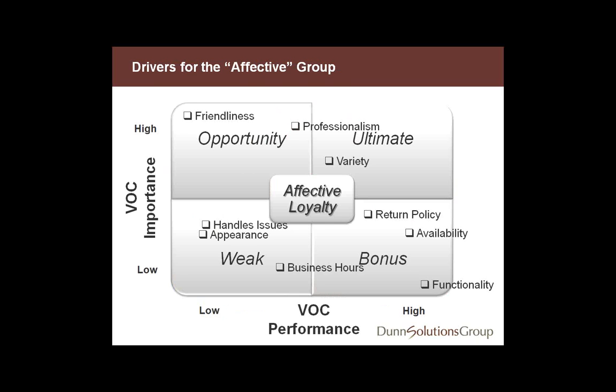Here's the affective loyalty model, and the areas of your business that will improve the affective loyalty score. In the top left-hand quadrant are friendliness and professionalism. Being kind and pleasant to be around are qualities that are essential in a relationship with an affective customer.